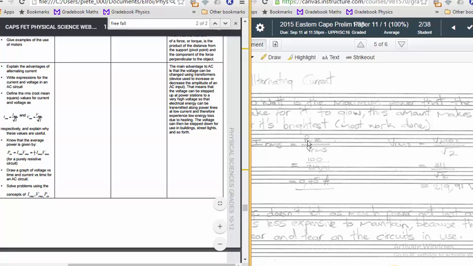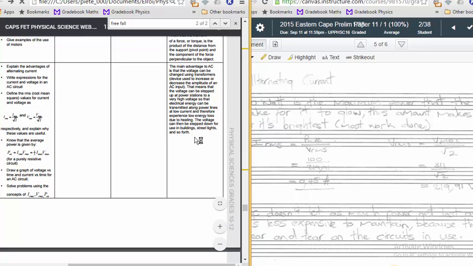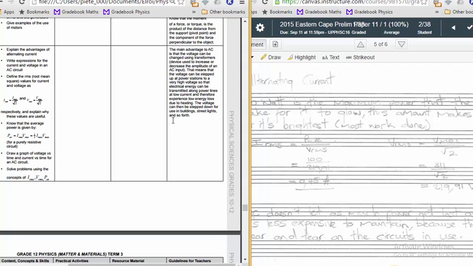And so as we can see here, my current is inversely related to my voltage. So if I increase this, I'm decreasing my current and decreasing the power, the energy loss due to heating in the cables. So that's definitely the main reason. And then also it can be transmitted along the power lines at low current, therefore experiencing low energy loss. The voltage can then be stepped down for use in buildings, street lights, and so forth.